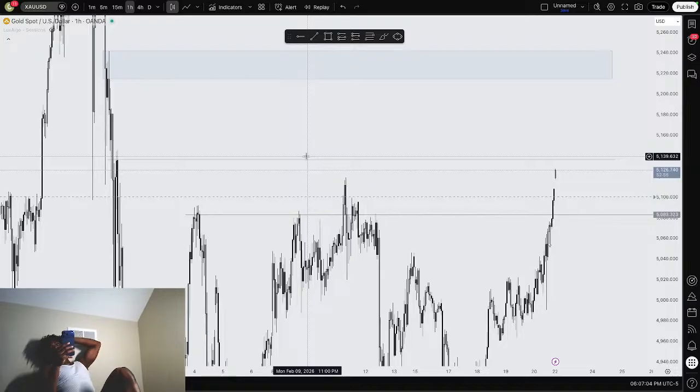Yeah, I can move my stops to break even now. Risk free trade. 51.30. Price is 30 pips away. So what are we looking at here?